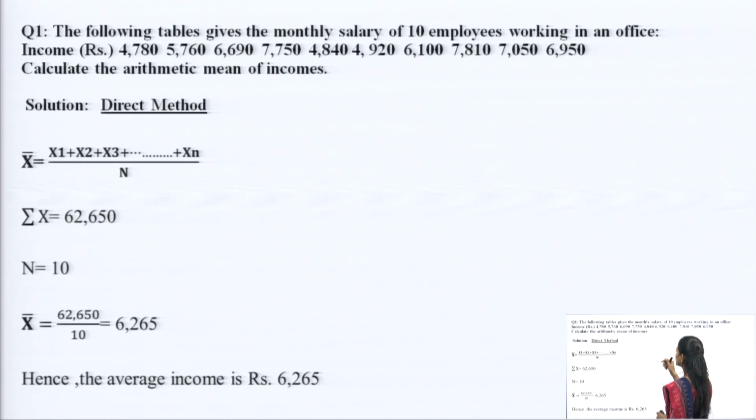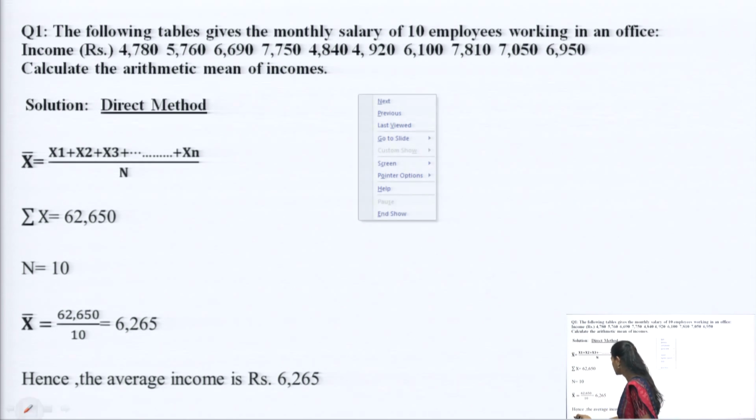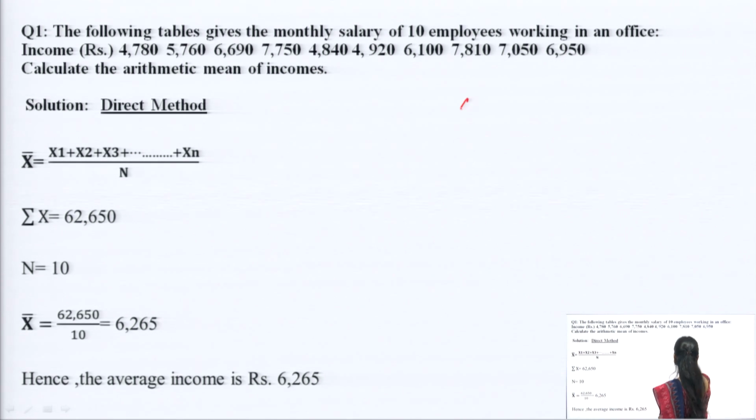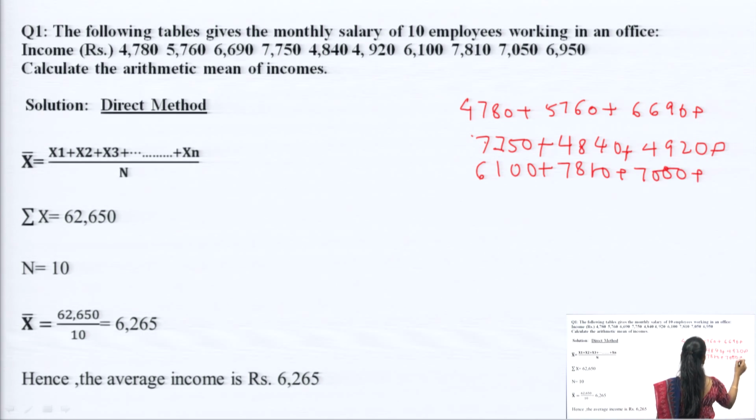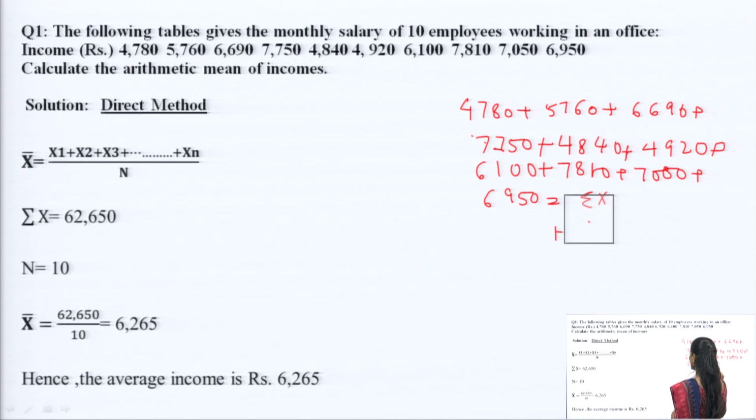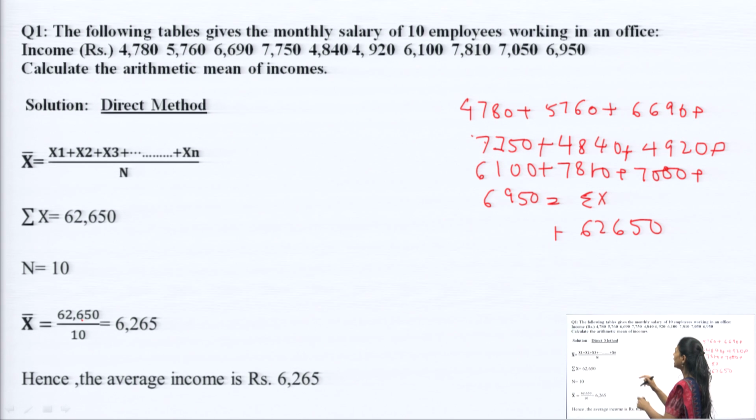In this direct method, we add 4780 plus 5760 plus 6690 plus 7750 plus 4840 plus 4920 plus 6100 plus 7810 plus 7050 plus 6950. This gives me summation of x, which is equal to 62650, and the total number n is 10 employees.